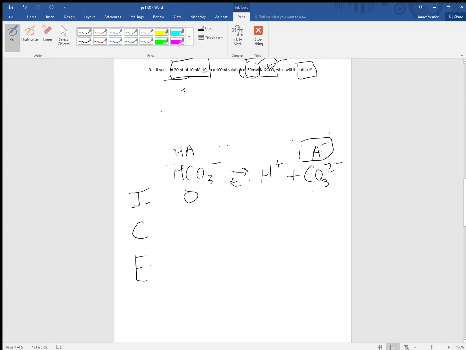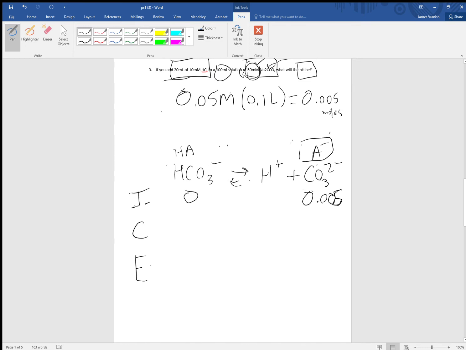So we have 0.05 molar carbonate, which is the same as 50 millimolar, and we have 100 milliliters of that, which is the same as 0.1 liters. If we multiply these together, we get 0.005 moles. So that is our initial amount of carbonate.